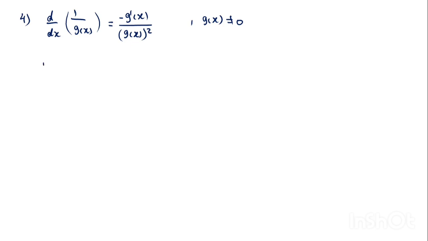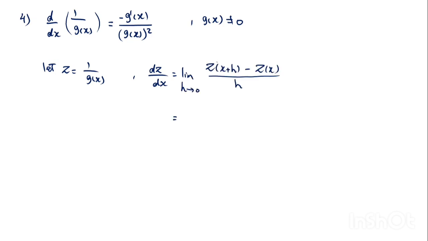So we let z to be 1 over g of x. So dz by dx is equal to the limit of z of x plus h minus z of x over h as h tends to 0. So this is equal to 1 over g of x plus h, and this is equal to 1 over g of x.